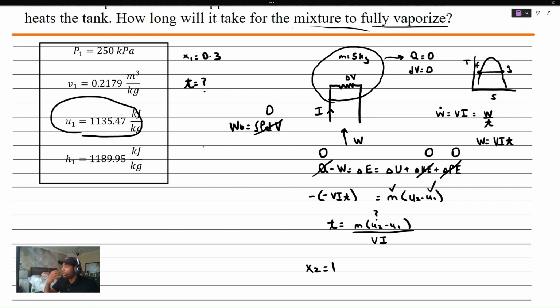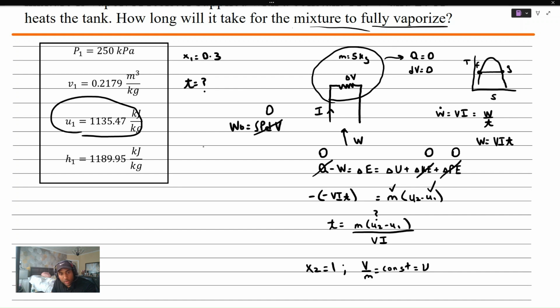We need one more property. And what's the property that we need? Usually when we have a closed system, when the mass isn't changing and the volume isn't changing, we think about what volume and mass characterize. What property is characterized by volume and mass? The volume per unit mass. Since the volume is constant and the mass is constant, this term is going to be constant in the system.